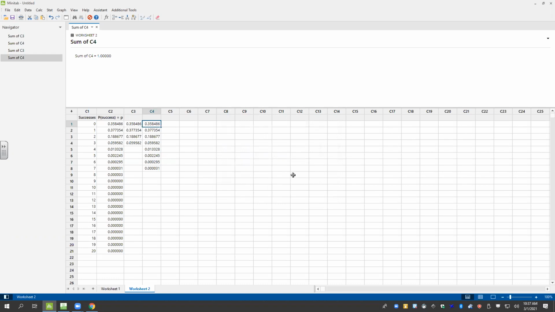Now, one other thing that we can do with these type problems with the binomial distribution, we can also find the mean and the standard deviation. Because remember, when we talked about descriptive statistics earlier in module 2, I told you that the mean and the standard deviation were the 2 most important descriptive statistics, because we use them in other calculations.